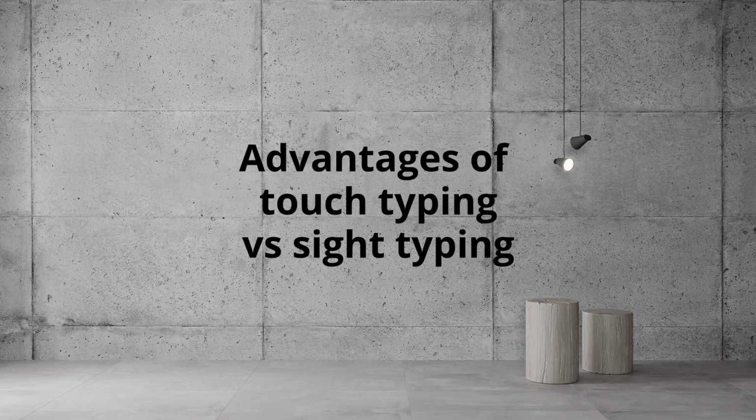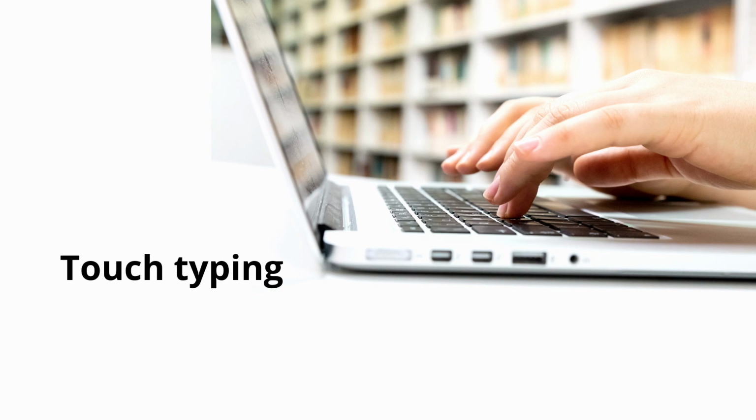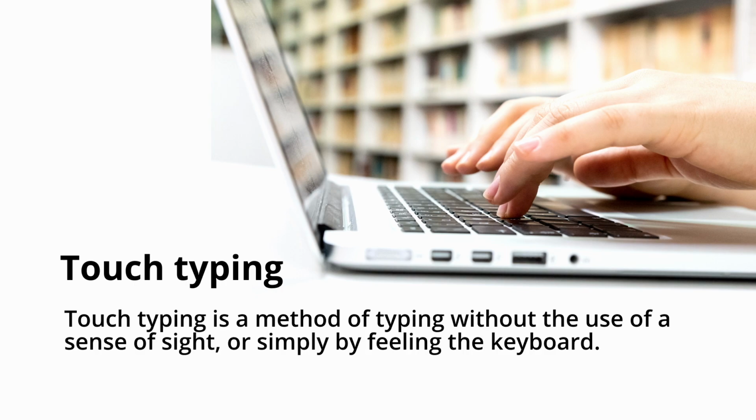Right. Now, viewers, before we look at the advantages of touch typing and side typing, let's define it first. What is touch typing? Touch typing is a method of typing without the use of the sense of sight. That means without looking, or simply by feeling the keyboard.